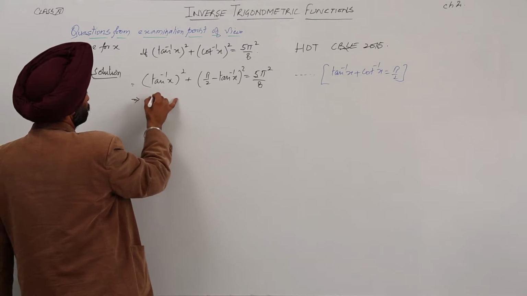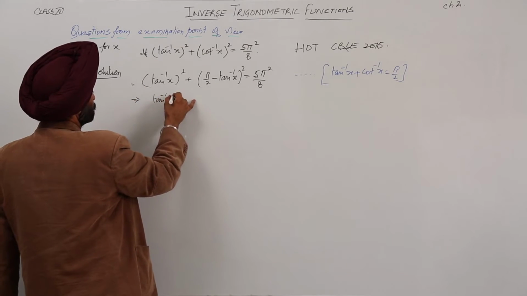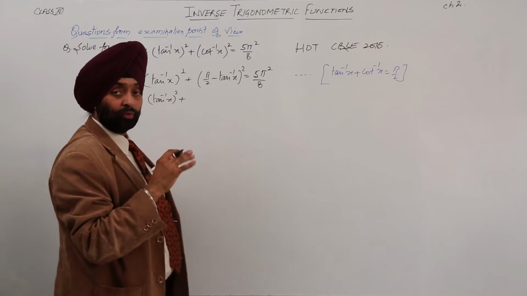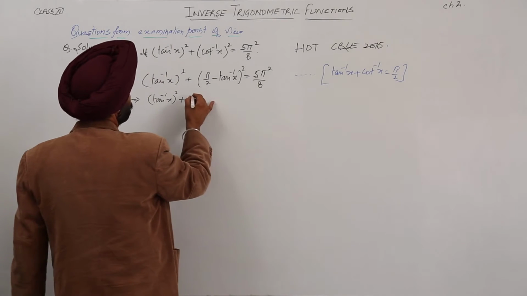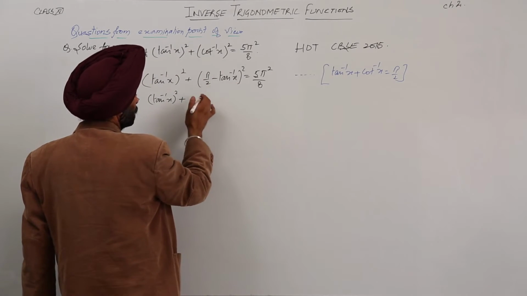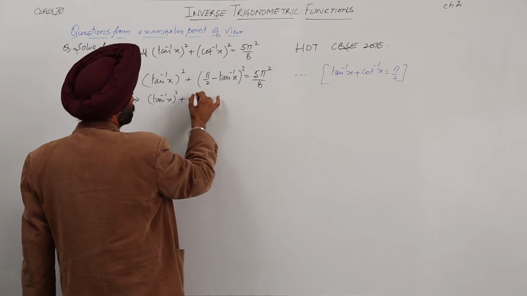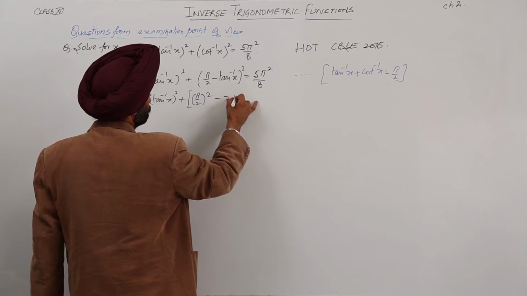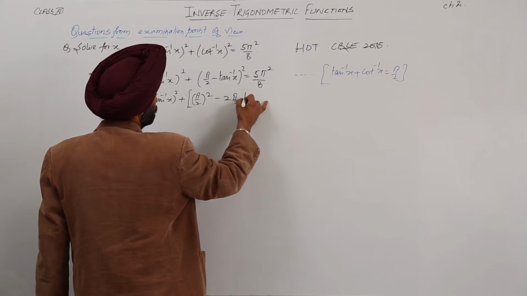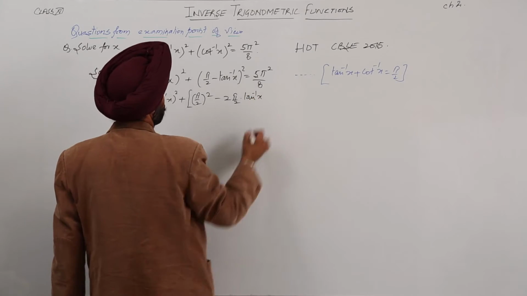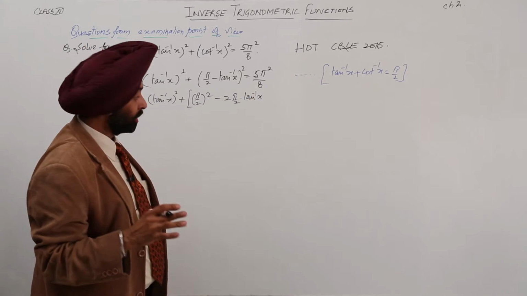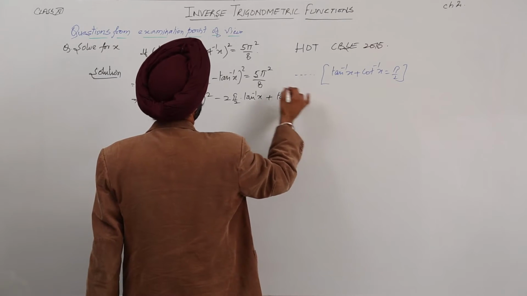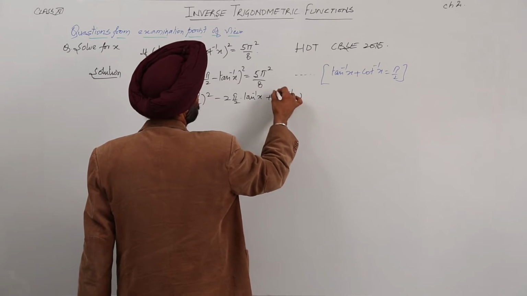Now this becomes (tan inverse x) whole square plus, now let's use an identity (a minus b) whole square here. So for this part we are getting pi by 2 whole square minus 2 into pi by 2 into tan inverse x, that is a square minus 2ab plus b square, plus (tan inverse x) whole square.